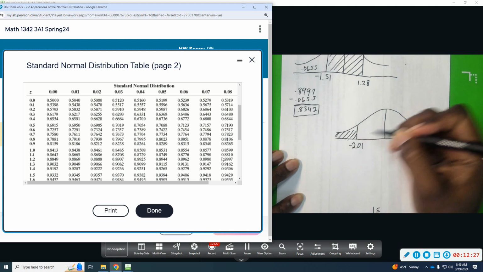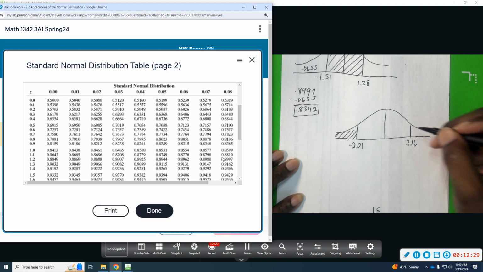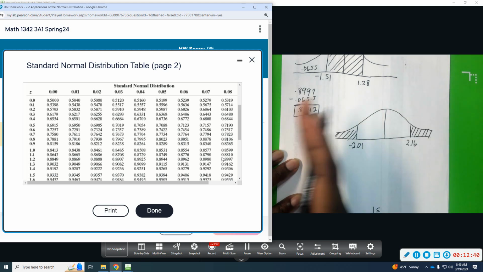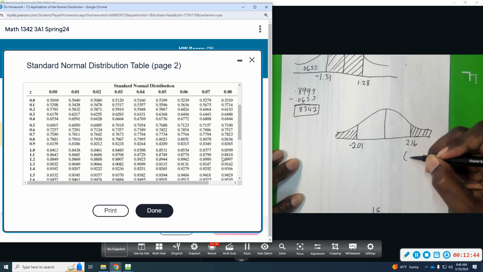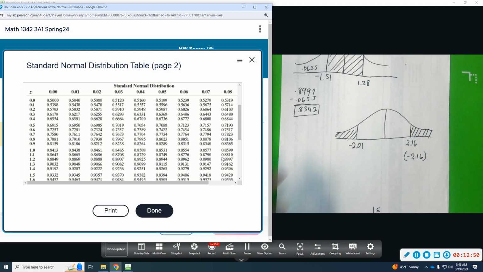So this is going to be negative. Okay, it's on the left of 0. This is positive. Now when I use these, remember the area to the right, I would have to do 1 minus the area to the left, or I can look up the opposite. So what I'm going to do is I'm going to look up negative 2.16. It should be equal to, that way I can use one chart.